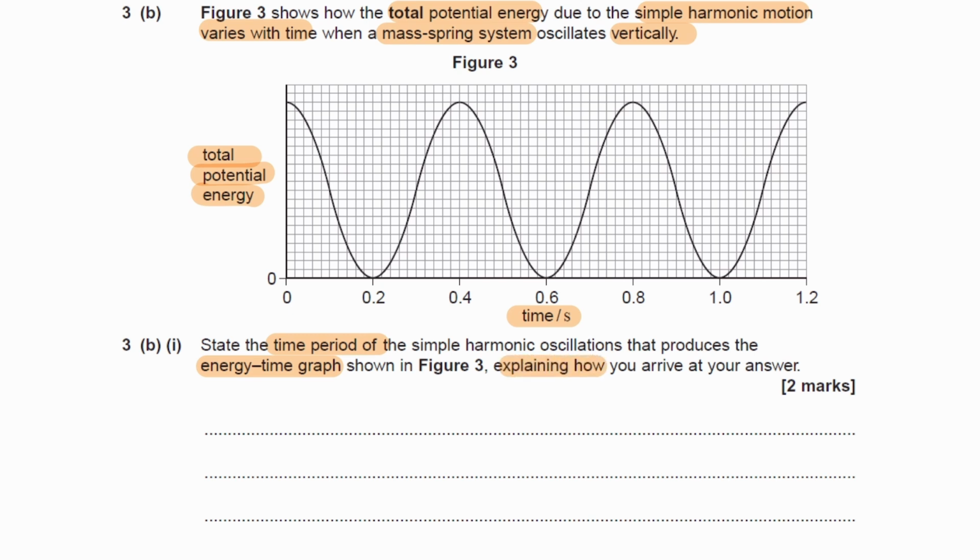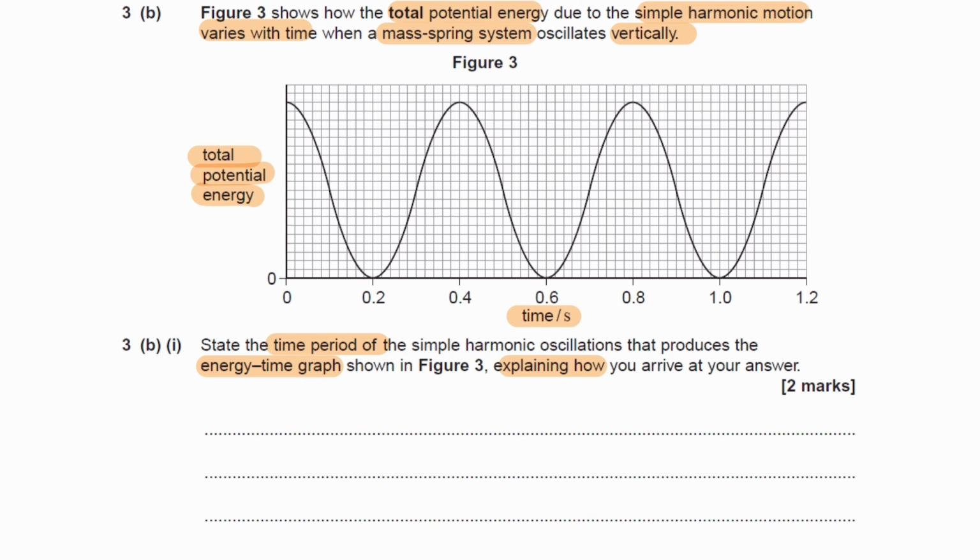Explain how you arrive at your answer. So, for simple harmonic oscillators, whether it's a pendulum or a mass spring system or any type of simple harmonic oscillator, 2 full cycles, so that takes us to 0.8, 2 full cycles of either potential energy or kinetic energy corresponds to 1 full oscillation of that oscillator.